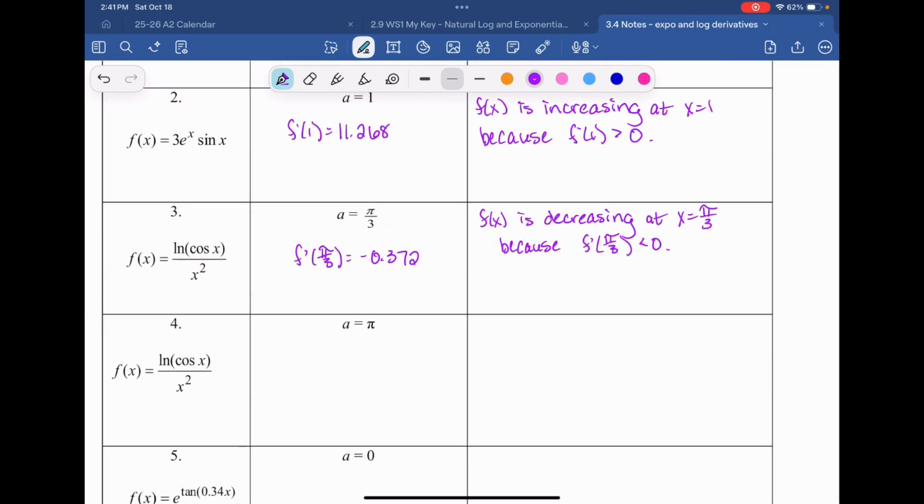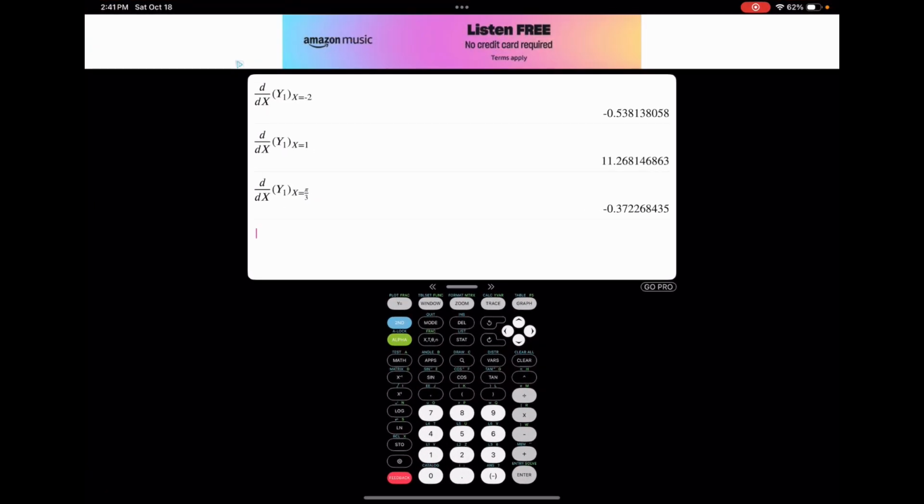All right, now a is pi. Math, 8, alpha, trace, y1, x equals pi. Enter. I got a complex instead of a number. That means you're getting a 0 in the denominator. It's undefined. All right, if I do that on my actual 84, let me see what I get.